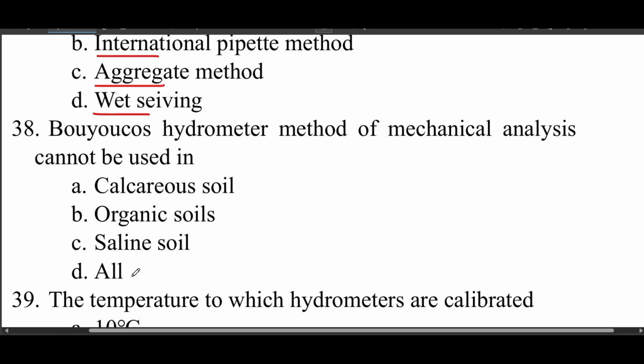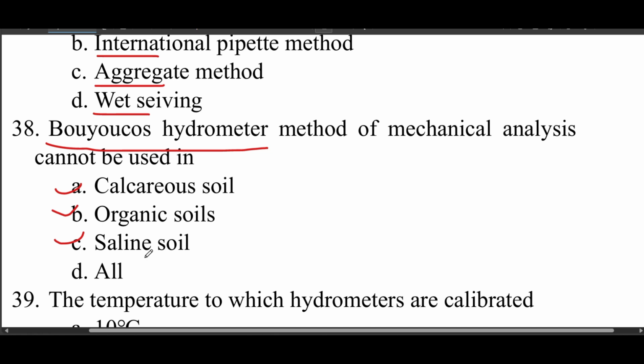Next, Boyko's hydrometer method of mechanical analysis cannot be used in which soil? Calcareous soil, organic soil, saline soil. Option D, all. So Boyko's hydrometer method we can't use in calcareous soil, organic soil, saline soil, because in calcareous soil, calcium carbonate is there. Organic soil, there is organic matter. Saline soil, there is salt.